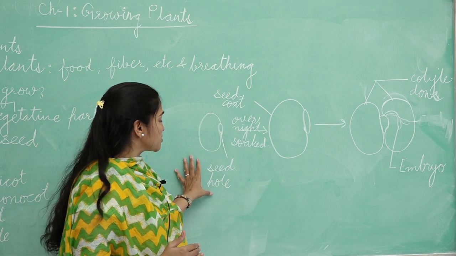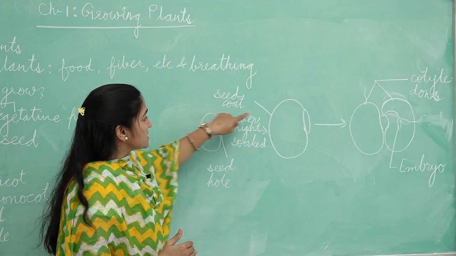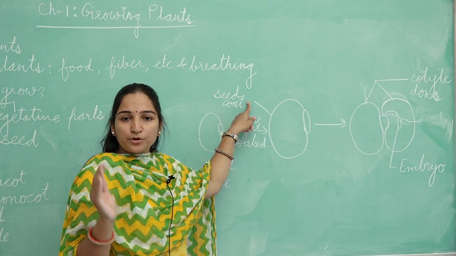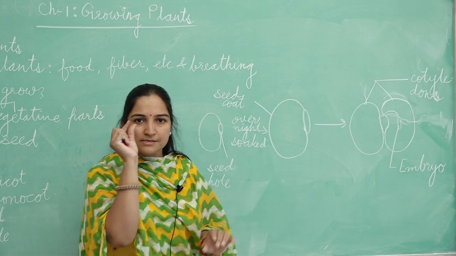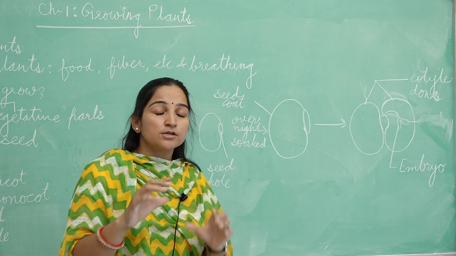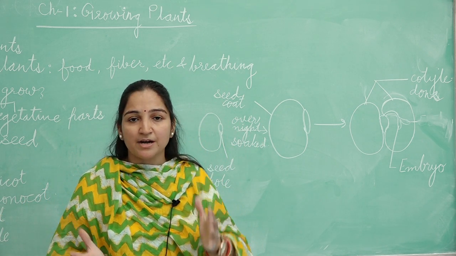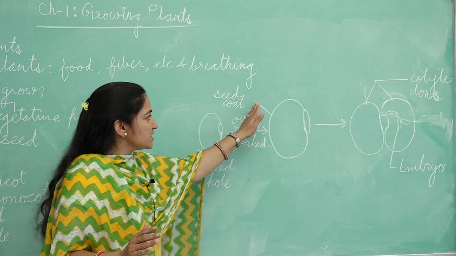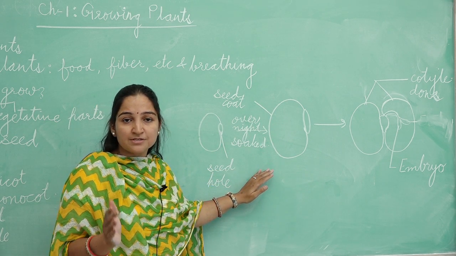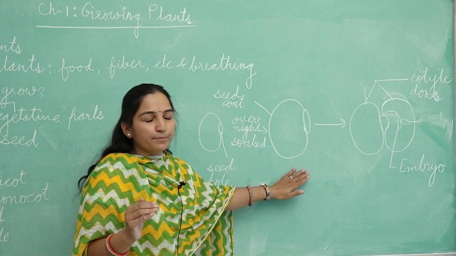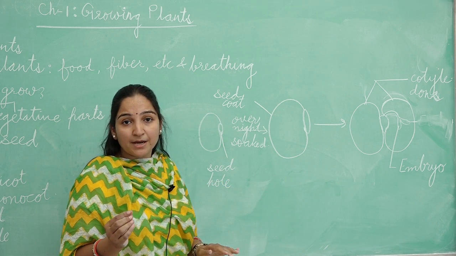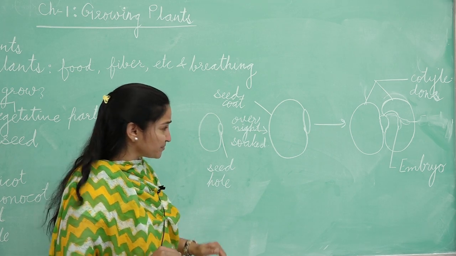In a single little seed, the big tree or big plant is there. So the seed coat is very important. It protects the embryo, which is the baby plant inside the seed.